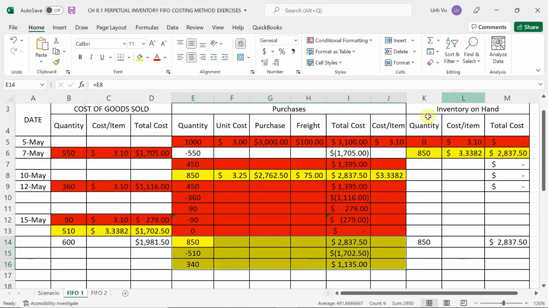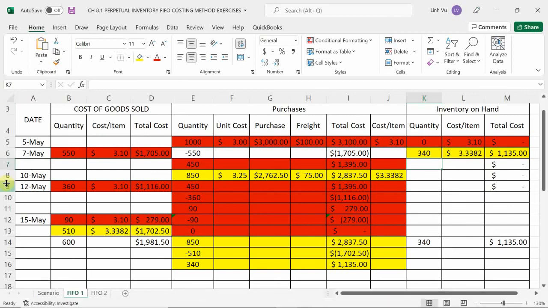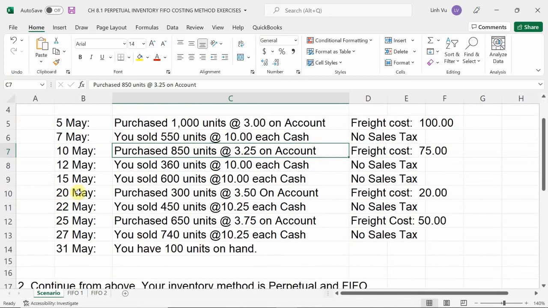So therefore, I need to update my inventory because I no longer have 850. I have 340. All right. So let's see what has happened next. It is now May 20th.